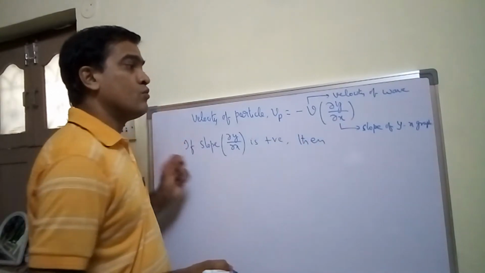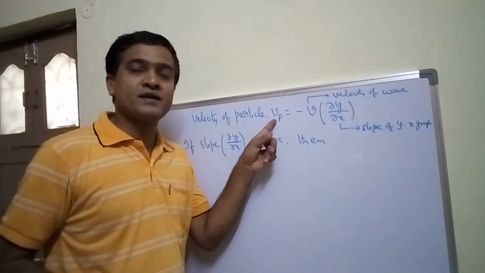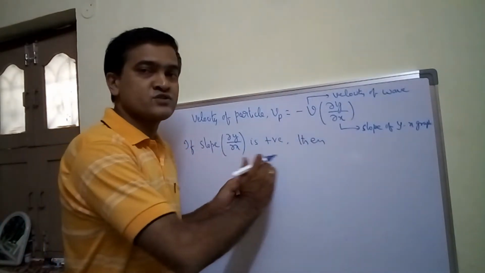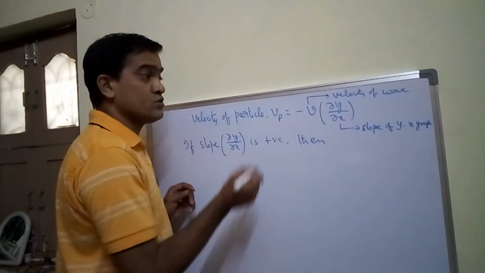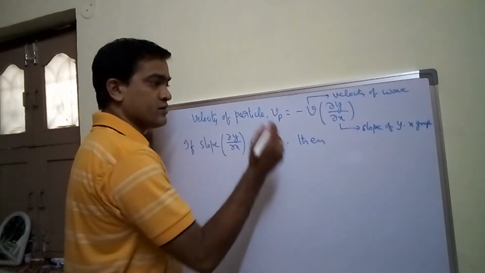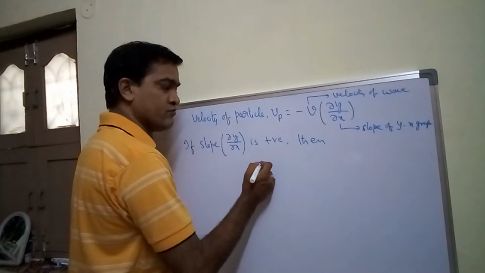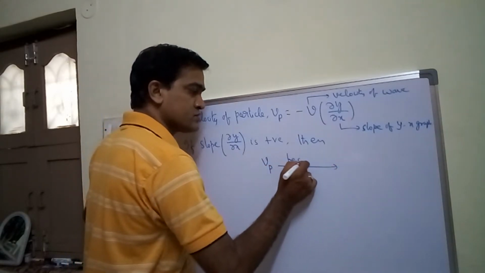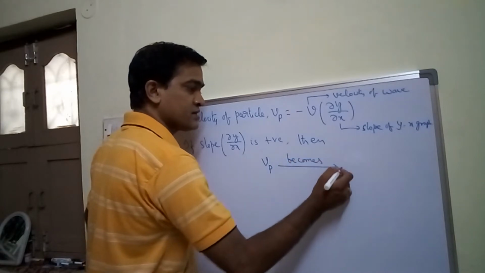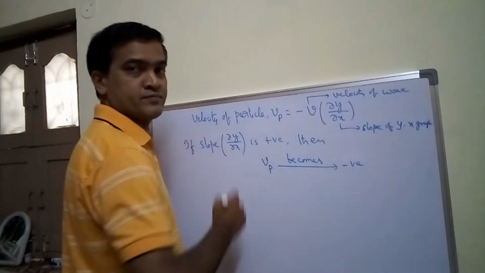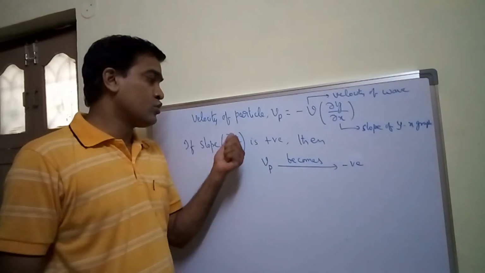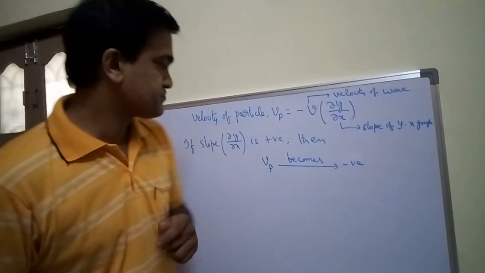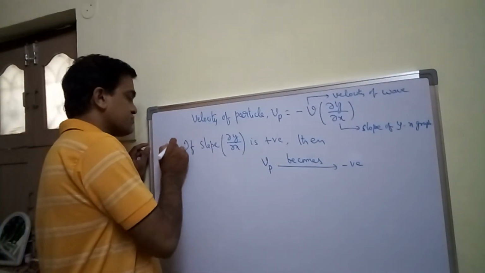Velocity of wave is positive because it is going towards the positive x direction. So in this case, Vp, that is velocity of particle, becomes negative. If slope dou y upon dou x is positive, then Vp becomes negative. So this is the first case.